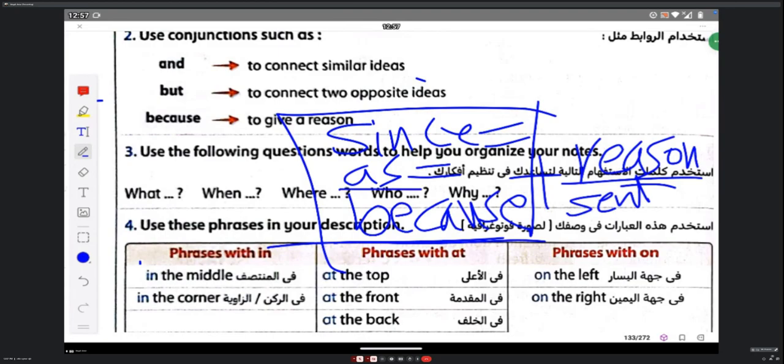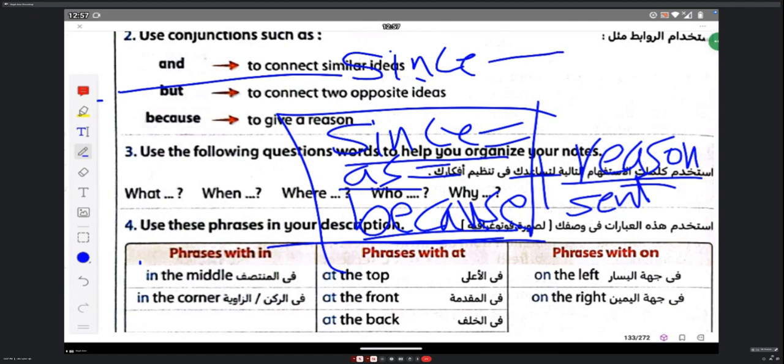So as, because, since are conjunctions for reasons. We have another since, followed by a phrase or the beginning of a time or a point of time, since 1990, this year. Not a conjunction, but a time word.